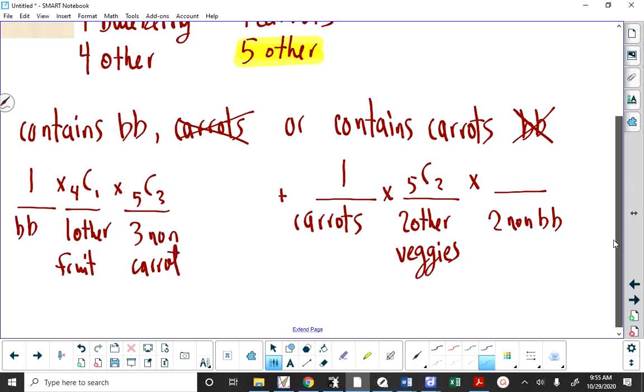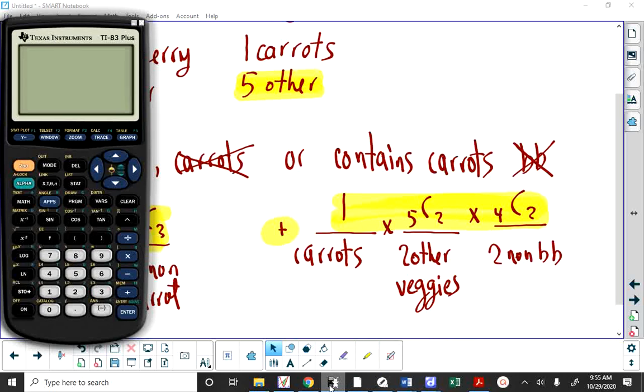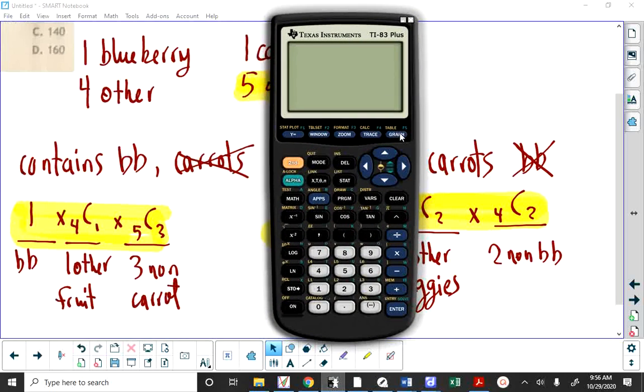So when I look at how many fruits are not blueberries, there are 4, and then I need to choose 2. So if you take 1 times 5 choose 2 times 4 choose 2, that's how many trays contain carrots but not blueberries. And we have to calculate this and this and add them together. So let's see what we get. It's a very confusing question.